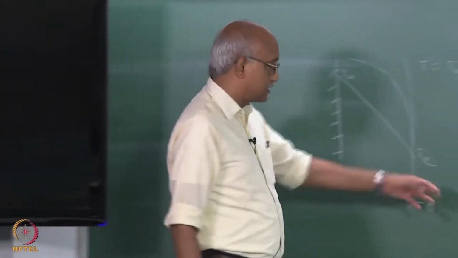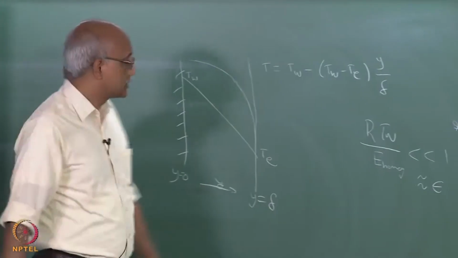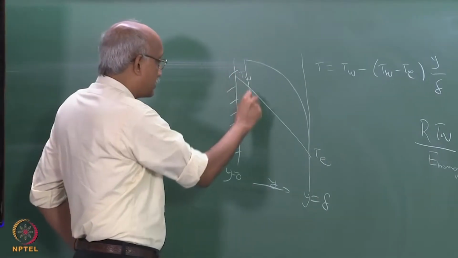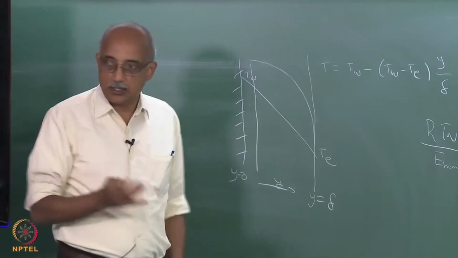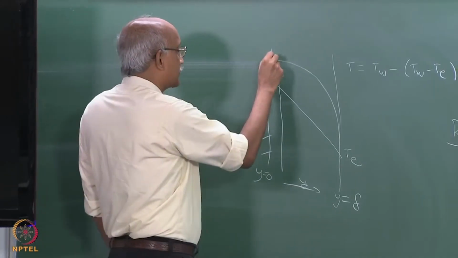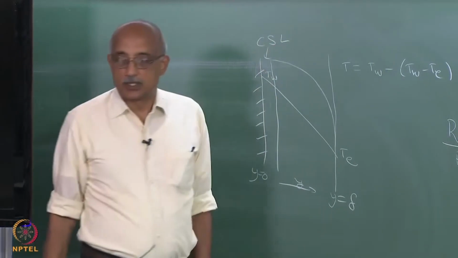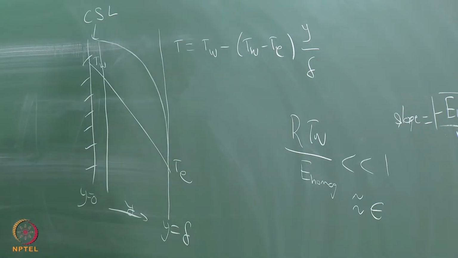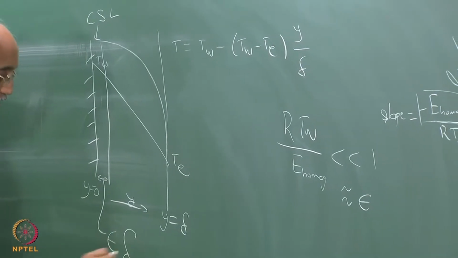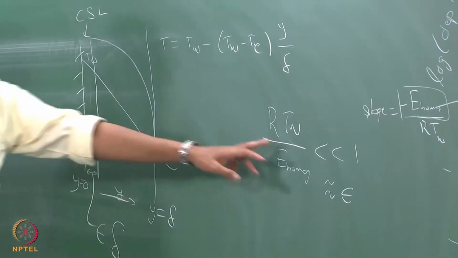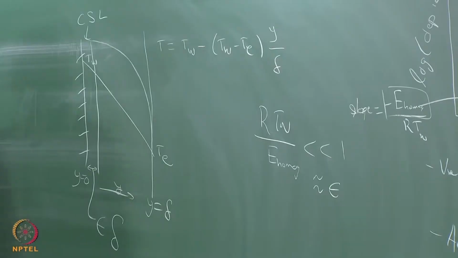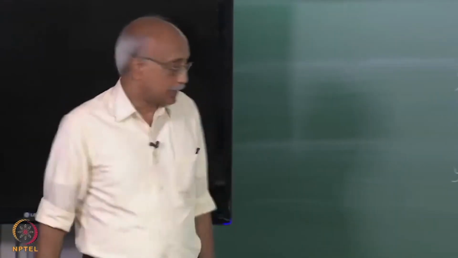But this asymptotic analysis enables us now to define another small layer within the laminar sublayer, which is called the chemical sublayer or CSL, which is equal to, this thickness is equal to epsilon times delta, where epsilon is equal to RTW by the activation energy for the homogeneous reaction.